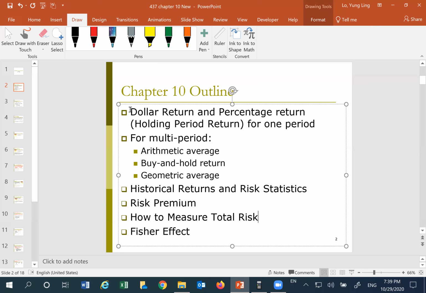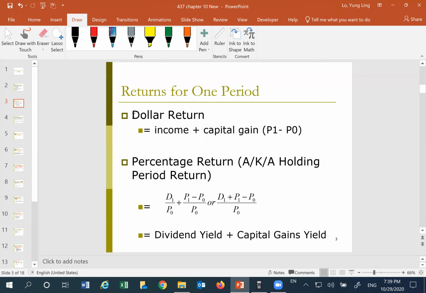So let's start with the top: dollar return and percentage return. How do we calculate them? Dollar return has two components. The first component is income, while the second component is your capital gain. Your income is, for example, if you work, whether you earn money through wages or salary, that will be taxed as your ordinary income. Or if you work as a waiter or waitress, the tips that you receive will also be taxed as ordinary income.